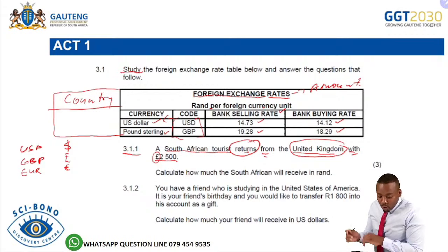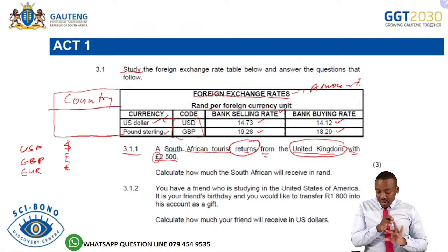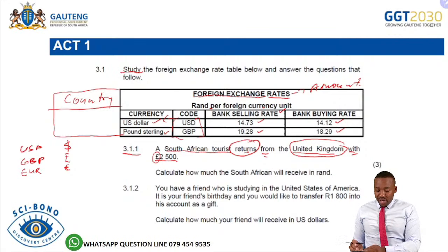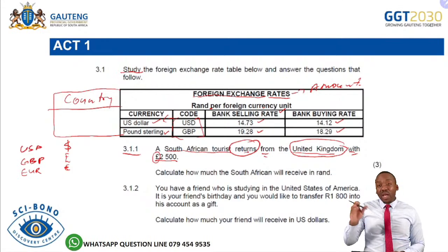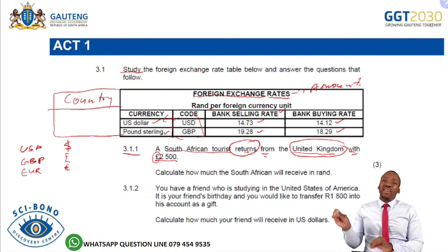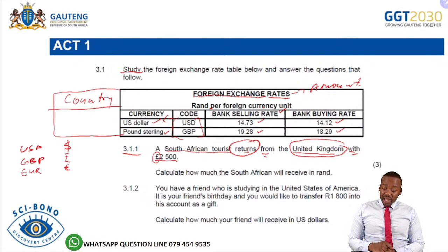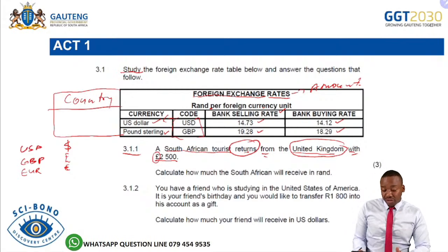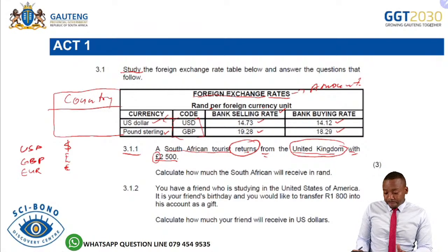Let's move. So a South African returns from UK with 2,500 pounds, right? Obviously, this person had visited the UK, meaning they did not spend all their money there. So now when they come here in South Africa, remember they need to go to the customs official. We did this this year in term 1, right?